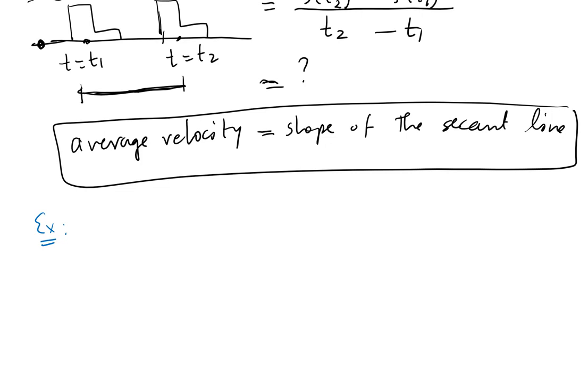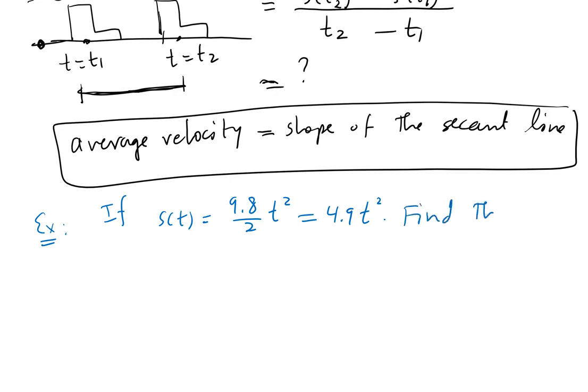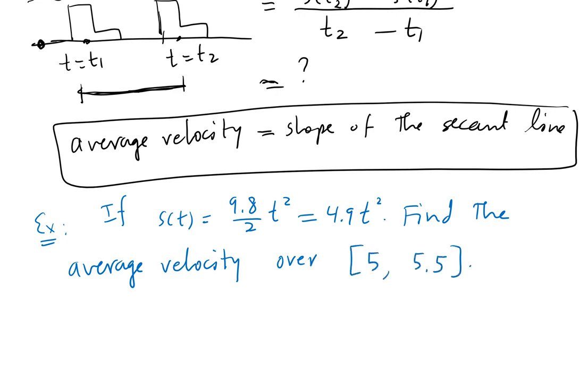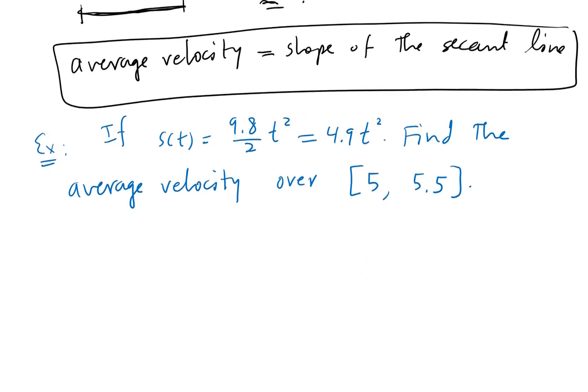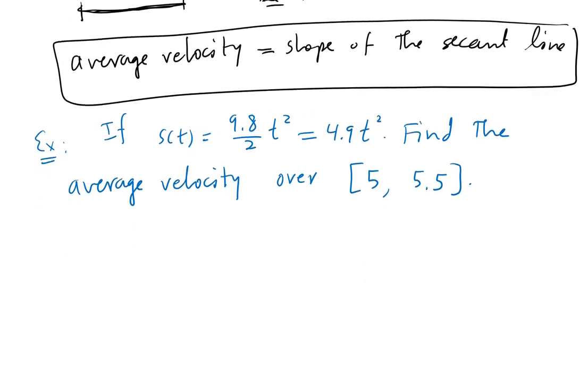Let's look at an example. If s of t is given to us as 9.8 over 2 t squared, or 4.9 t squared, find the average velocity over the interval 5, 5.1. How are we going to find the average velocity?